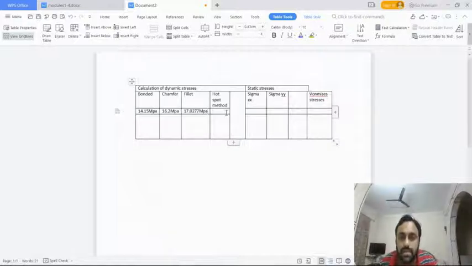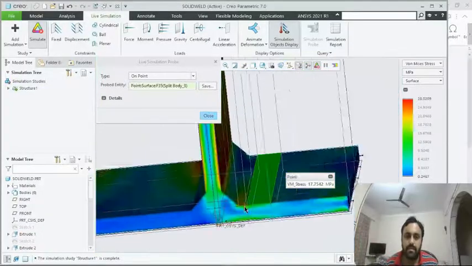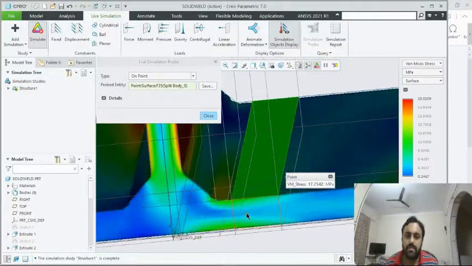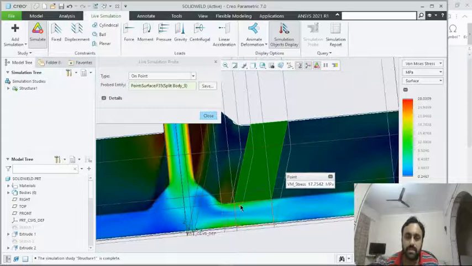Now we're gonna check the hotspot method, which is 0.5 t at the point A and 1.5 t at the point B. So we're gonna check the hotspot method first. For the hotspot method, we have created two planes, one at 0.5 t distance from this corner of the bend, and one at 1.5 t distance from the corner.